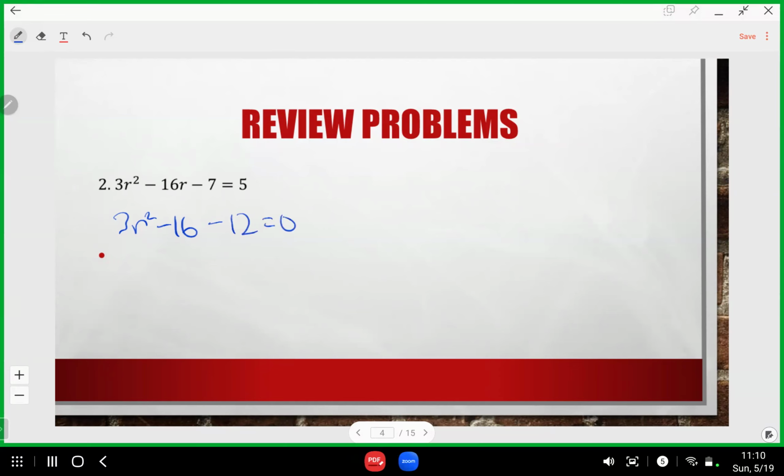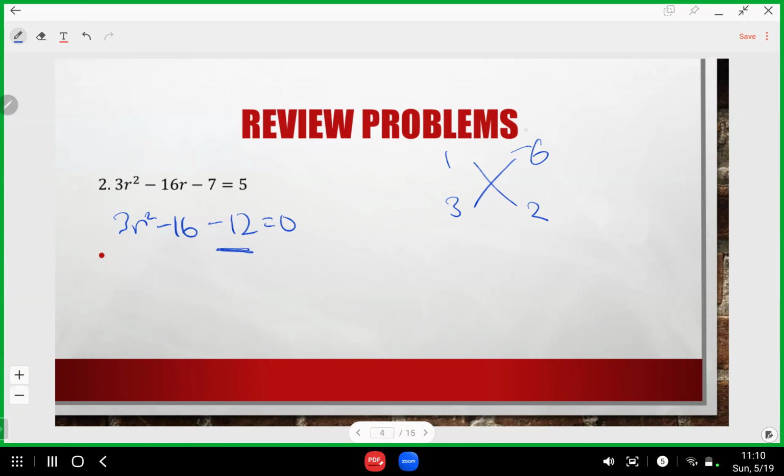We need to find factors of 3 on one side and factors of -12 on the other side, and have them add up to -16. So this works. We have the factors of 3, so that's 1 and 3. The factors of -12 are -6 and 2.